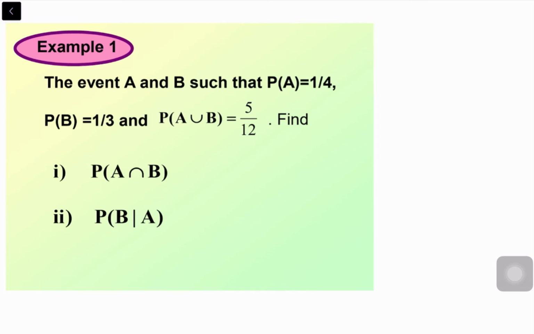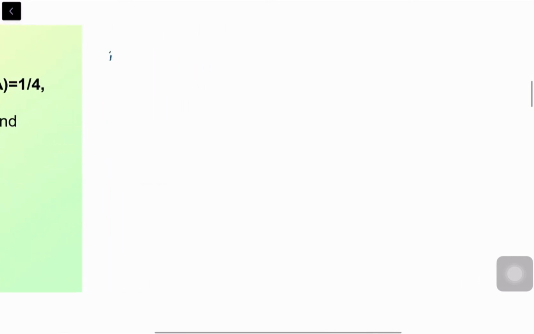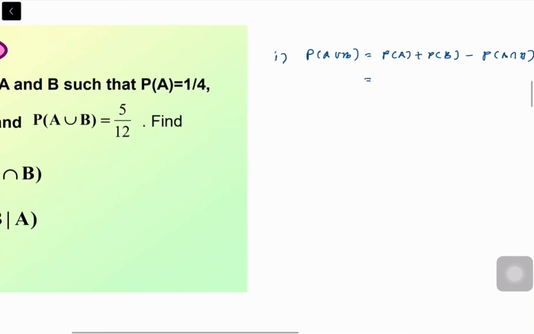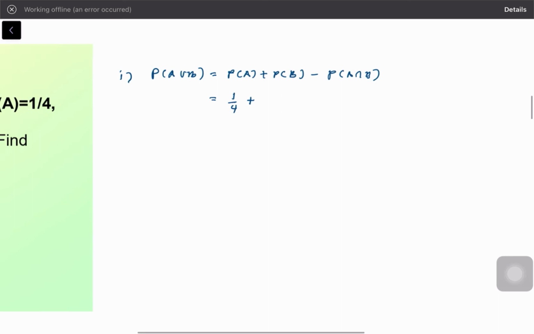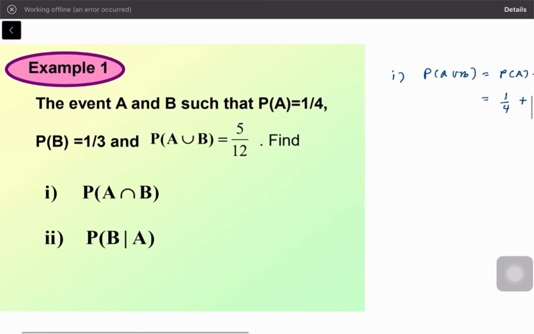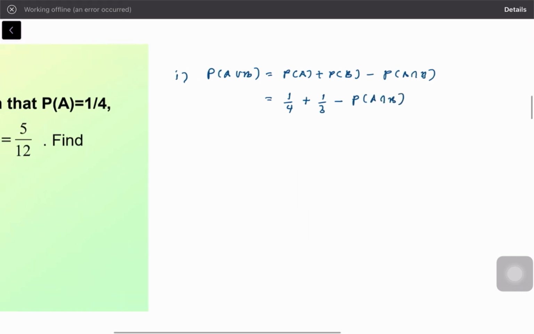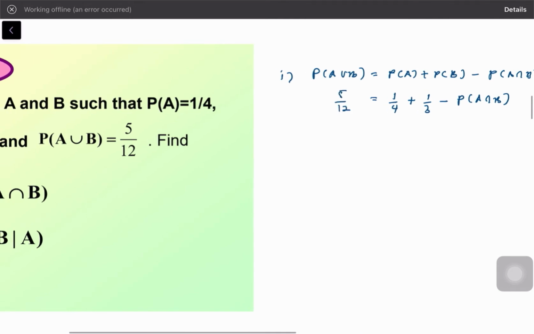Let's start answering the first one, the probability of A intersect B. We know the probability of A union B is 5 over 12.